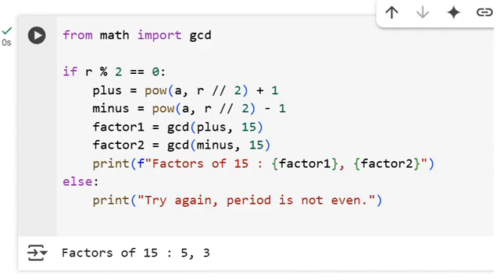So now, another question: why run it on a quantum computer? You might ask, why not just use a regular computer for this? 15 is easy, right? For small numbers like 15, we can use a regular, classical computer. But for really big numbers, regular computers would take forever.